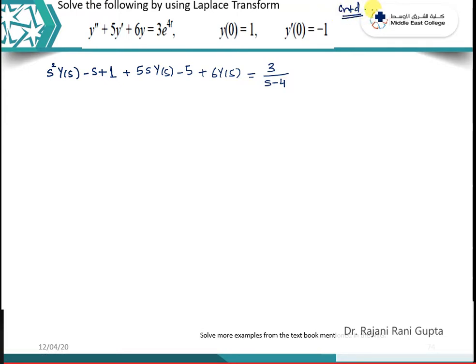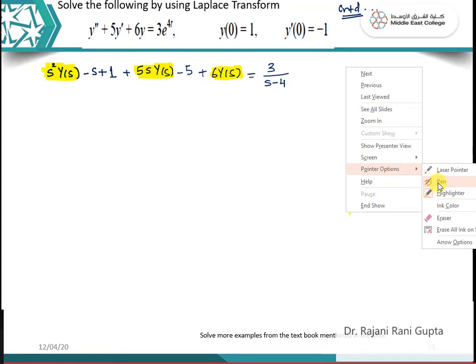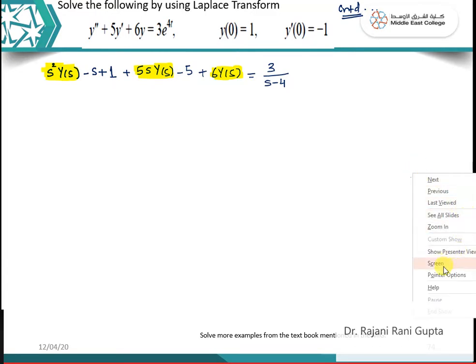Okay, so now what we have to do is keep the terms involving y of s on the same side, and the terms not involving y of s on the other side. So this entire term will be here, this entire term will be here, and this total term will be here, and the other terms will move to the other side.